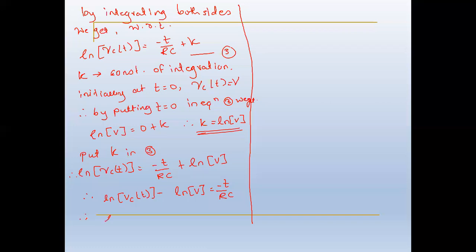Therefore, log of Vc(t) by V is equal to minus t by RC.